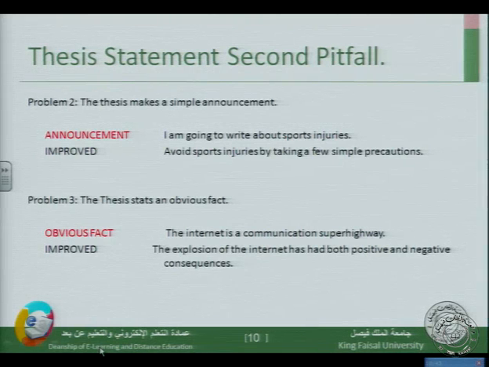But you can say, instead, the explosion of the internet has had both positive and negative consequences. Now we're talking about 2 sides. We know the writer is going to talk about the positive consequences. After that, he's going to talk about the negative consequences.